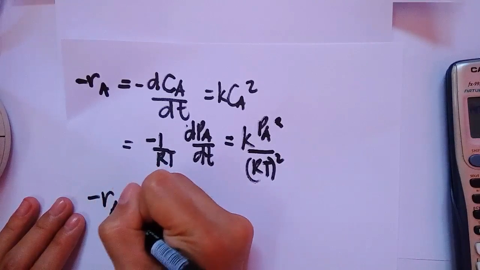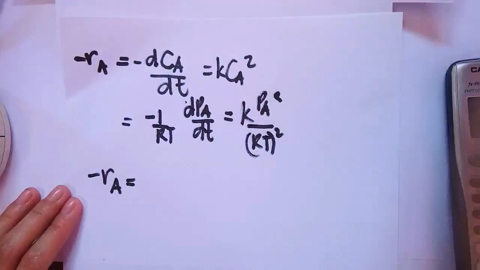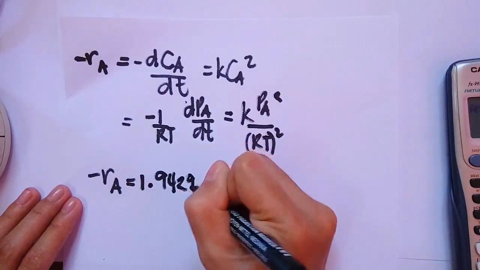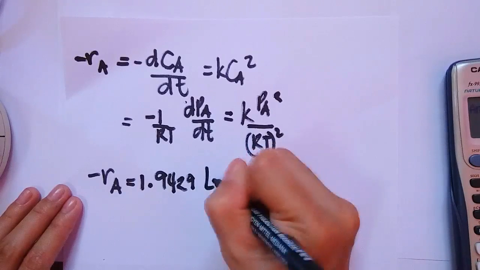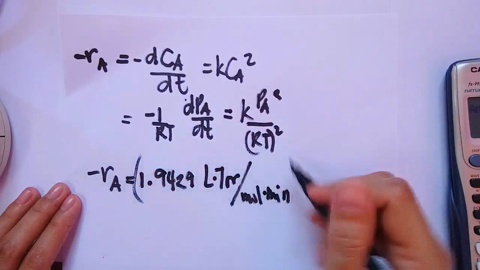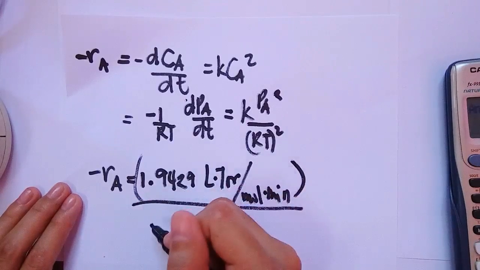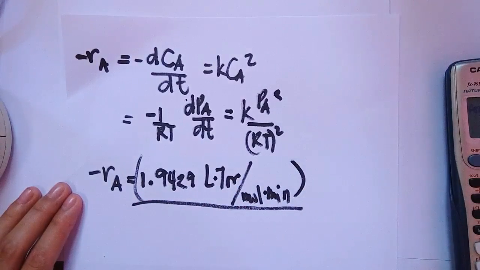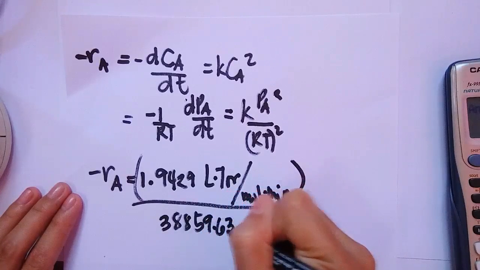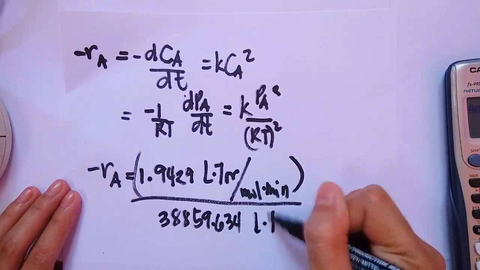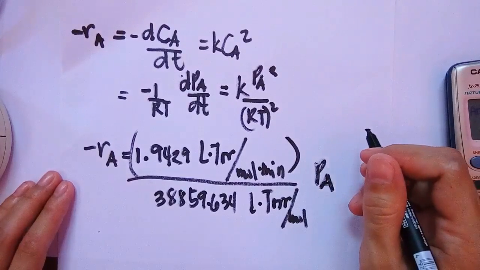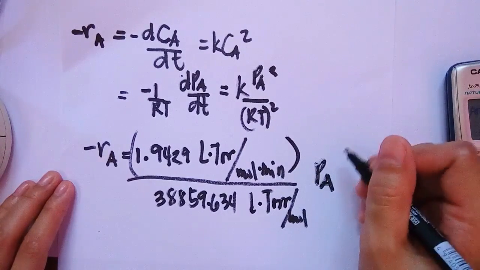Our negative rA then is equal to our k, which is 1.9429 liter Torr per mole minute, divided by the square of our RT, which is 38859.634 liter Torr per mole, times the pressure of A at any time t squared.